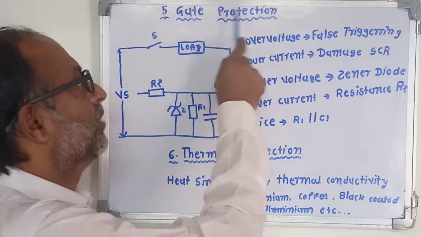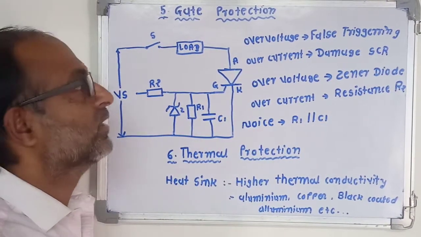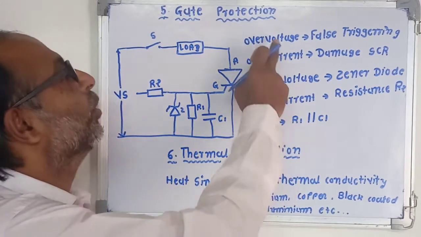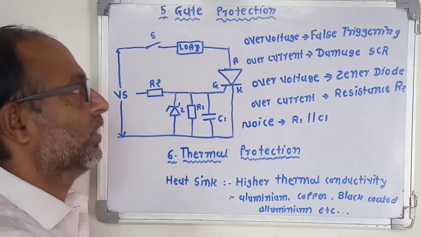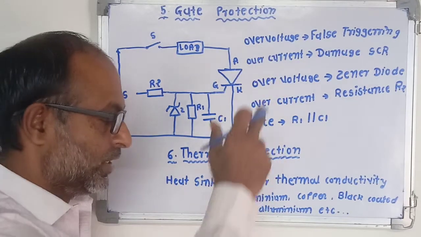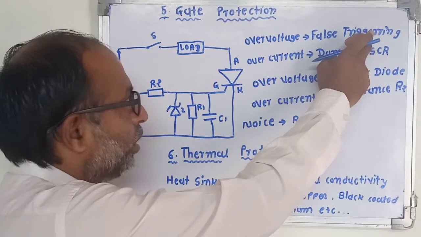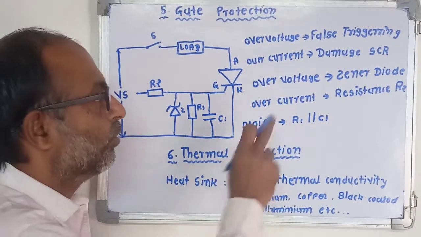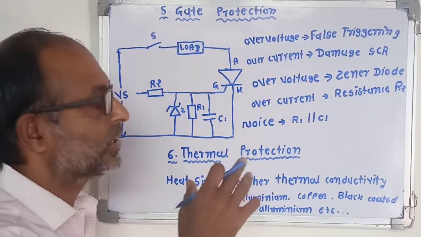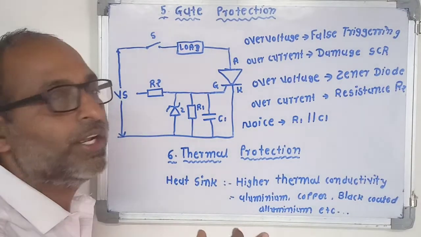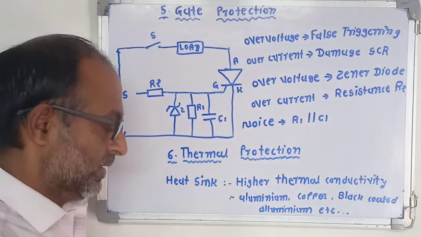Fifth, gate protection of SCR. The gate circuit should also be protected against overvoltage and overcurrent. Overvoltage across the gate circuit causes false triggering of the SCR. Overcurrent may increase the junction temperature beyond its specified limit, leading to damage of the SCR.